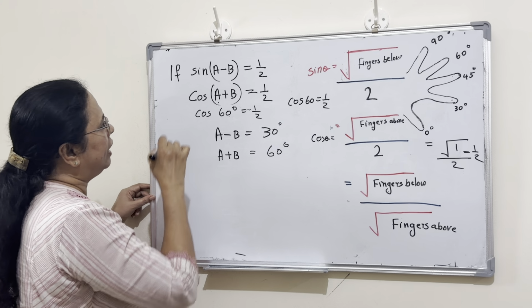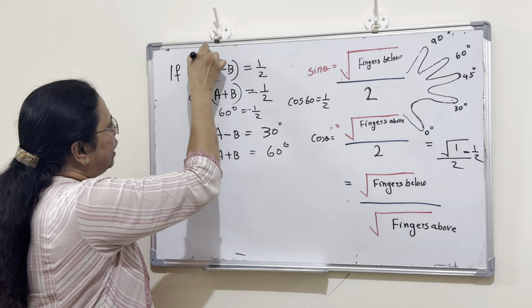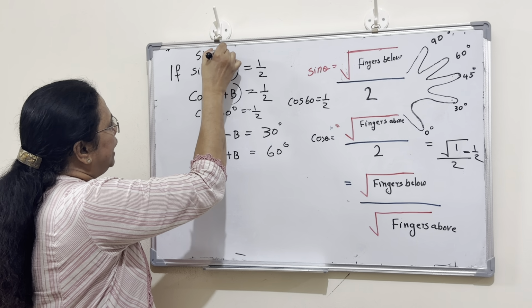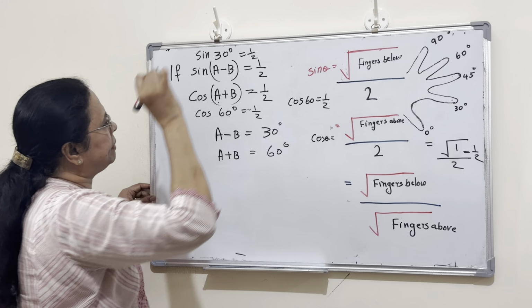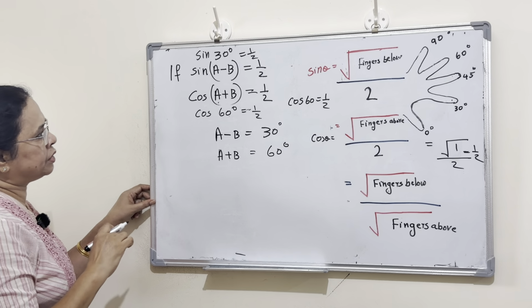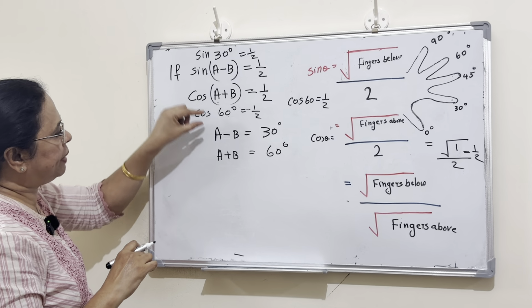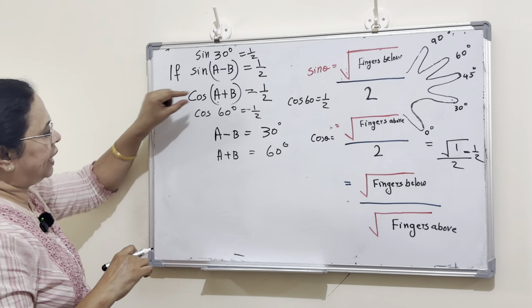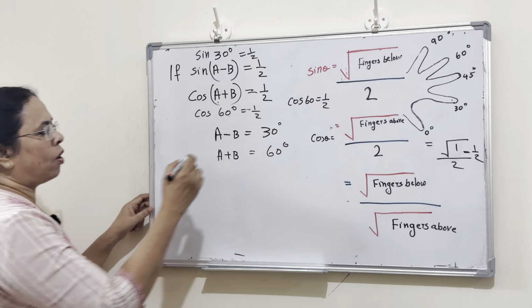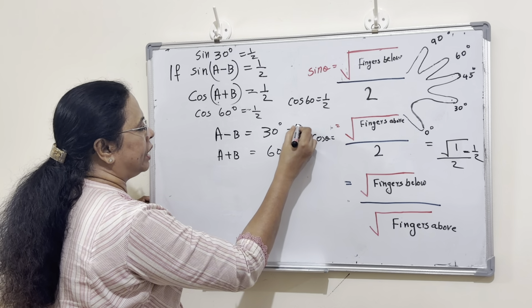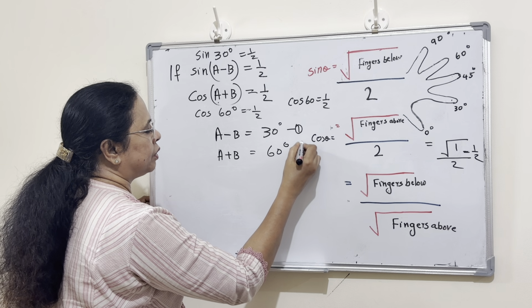Same way, sine of angle 30 degree will give you half. That's the meaning. Okay. So we understood that A minus B constitutes 30 degree and A plus B constitutes 60 degree. So we actually got two equations, equation 1 and equation 2, right?